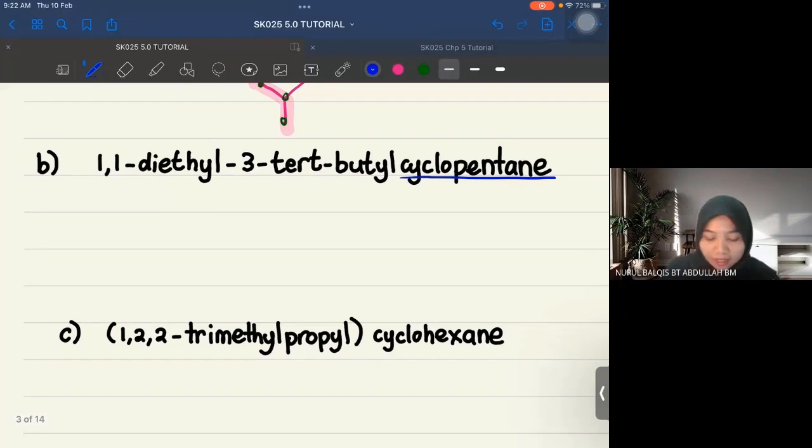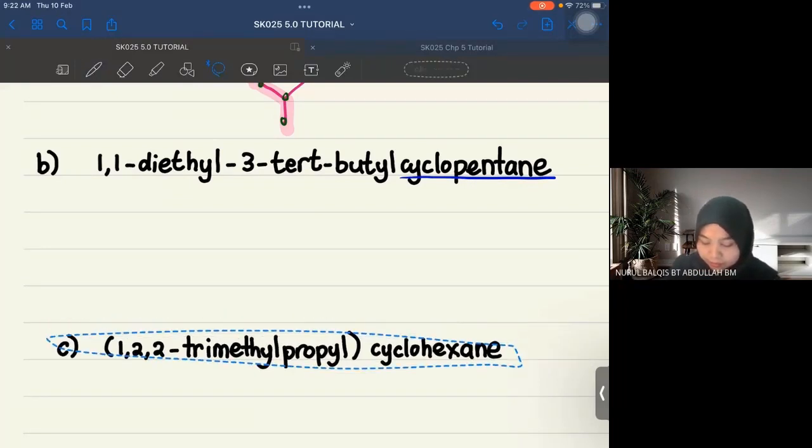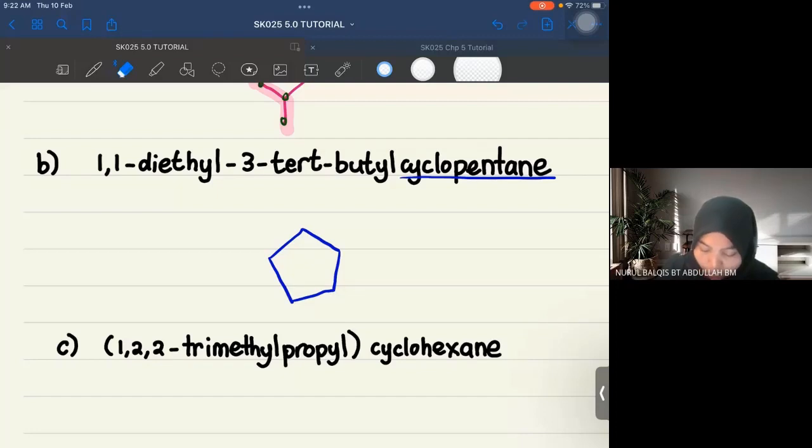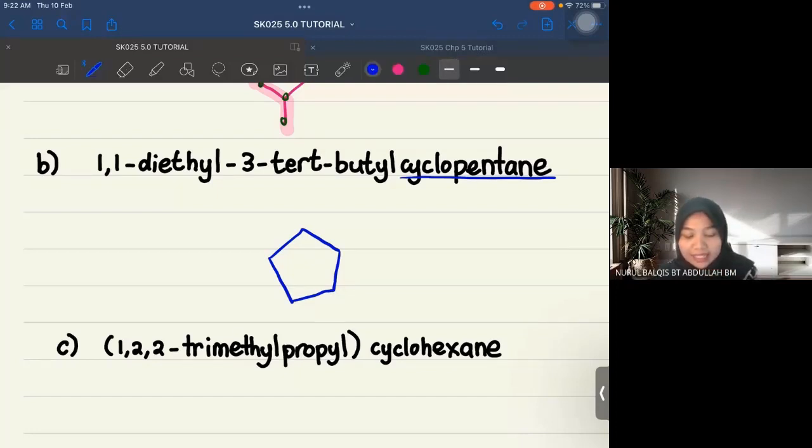Is this a cyclic or open chain structure? Cyclic. So kita ada 5, 1, 2, 3, 4 and 5. So kita dah ada cyclopentane, and then you have 1,1-diethyl 3-tert-butyl cyclopentane.